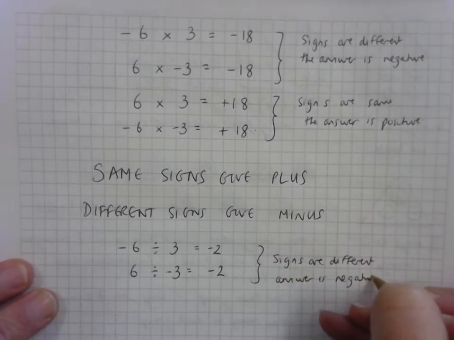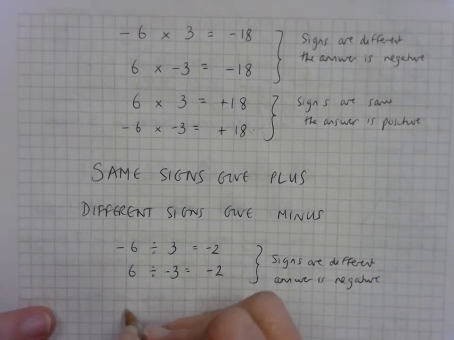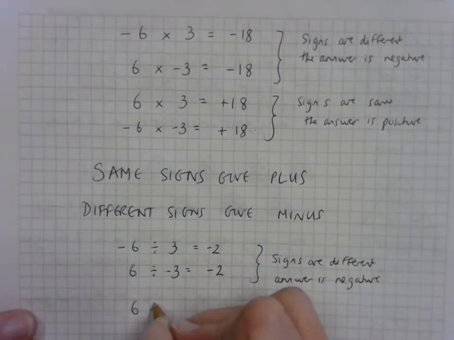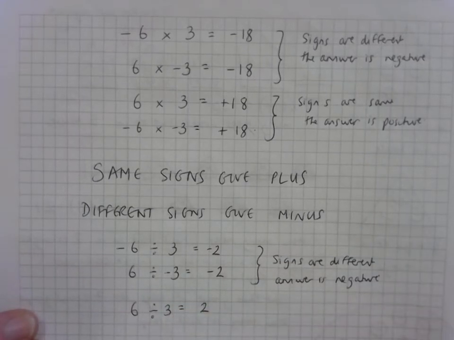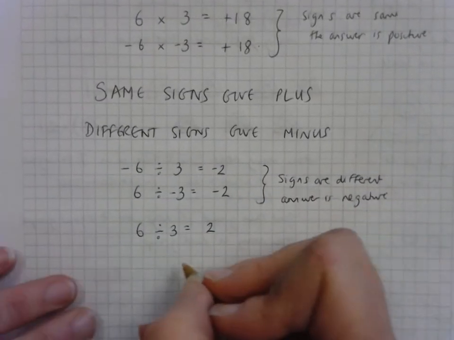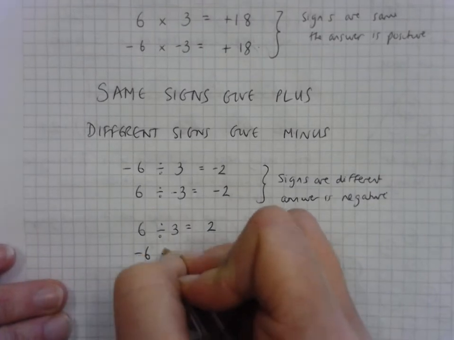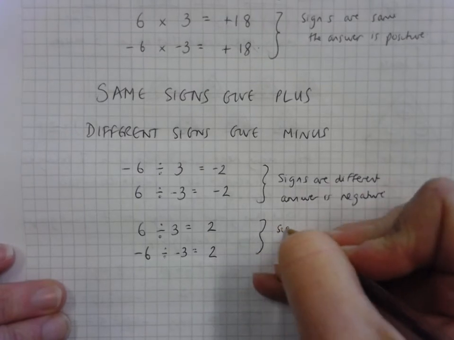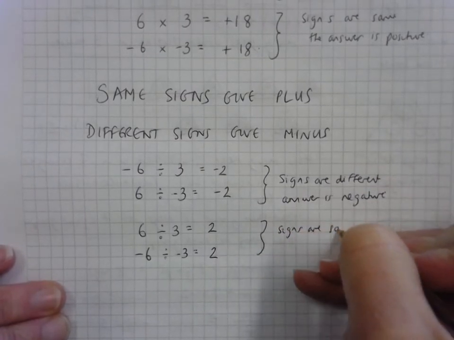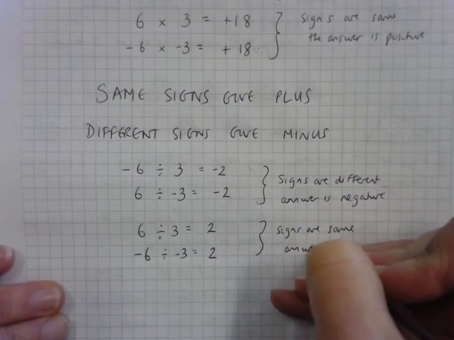And then if we had, say, positive 6 divided by positive 3, the answer is positive 2. You knew that already though. And finally, negative 6 divided by negative 3 is positive 2. So if the signs are the same, the answer is positive.